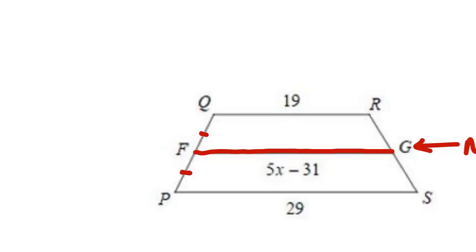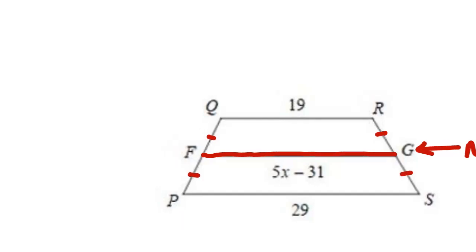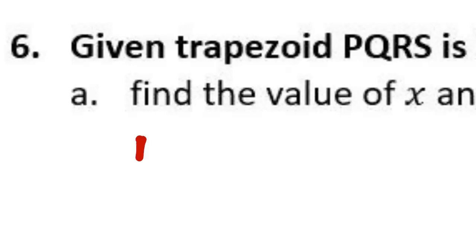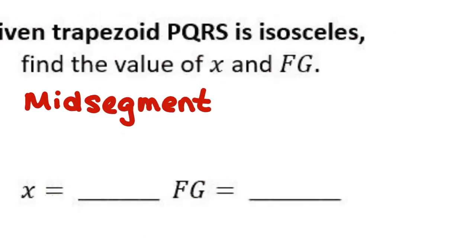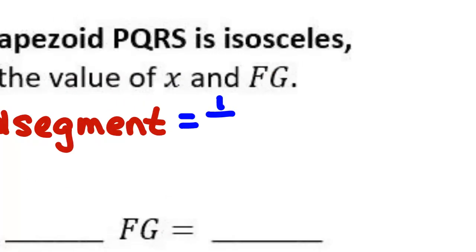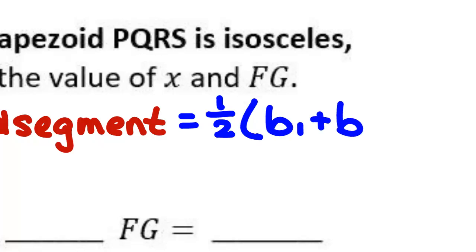So these segments would all be congruent. And the mid-segment is equal to 1/2 the sum of the two bases, base 1 plus base 2.